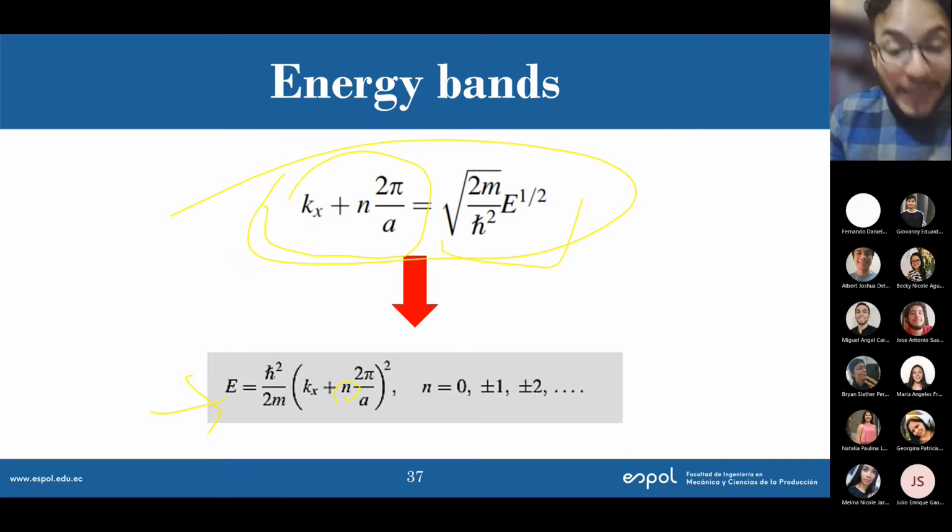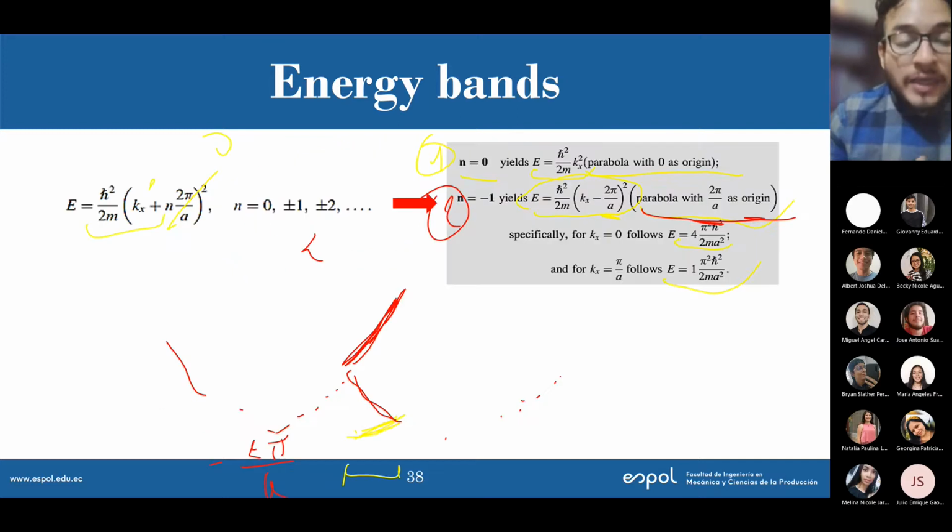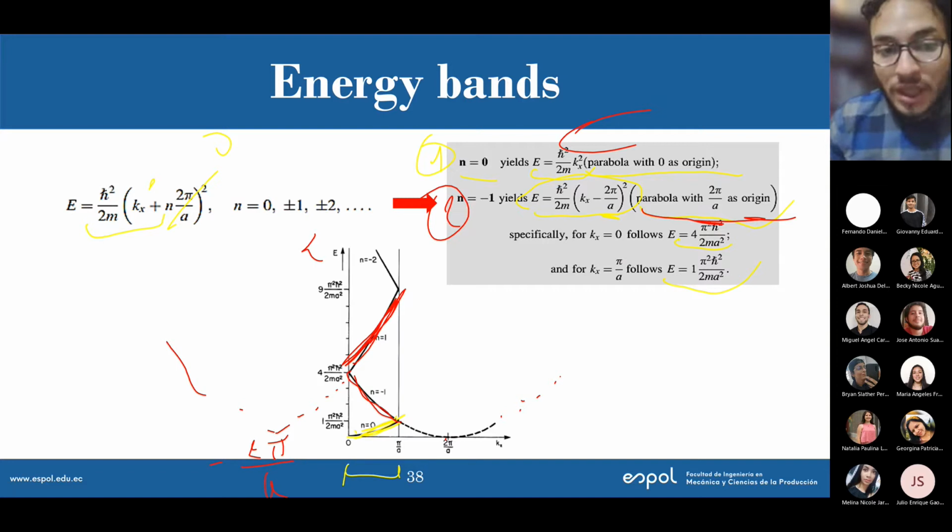It actually has an equation. And I can keep plotting for different values of n. In this case, I'm just plotting from 0 to pi over a and seeing how this thing is changing. And these are all the different energy values, energy bands possible for this case.